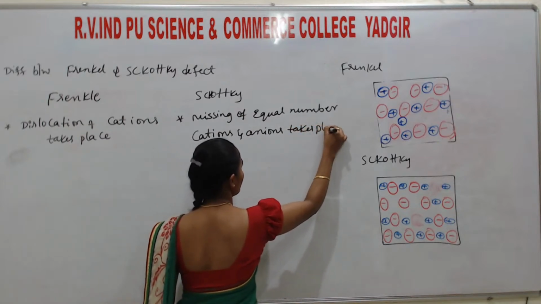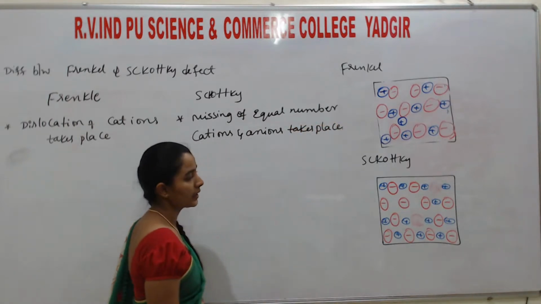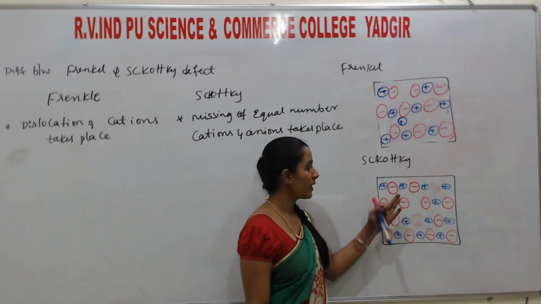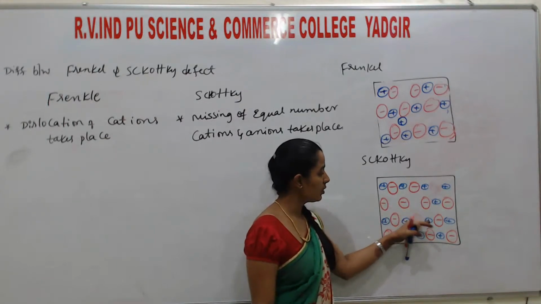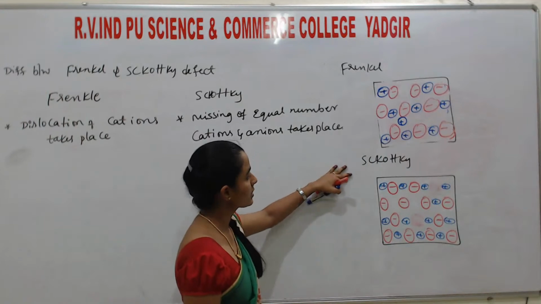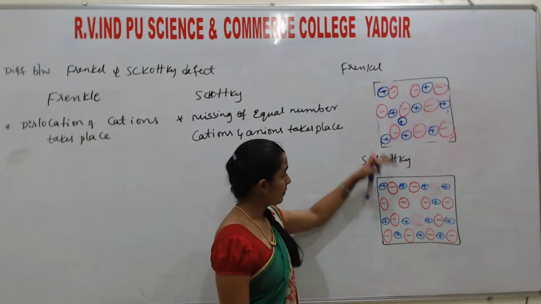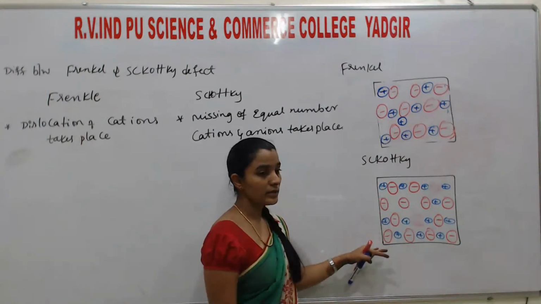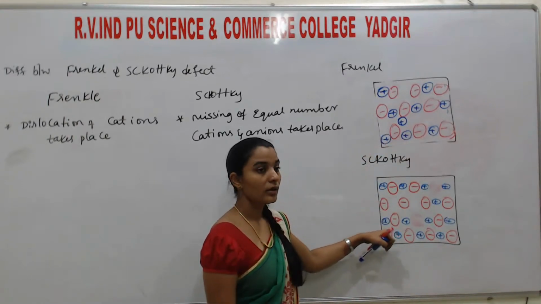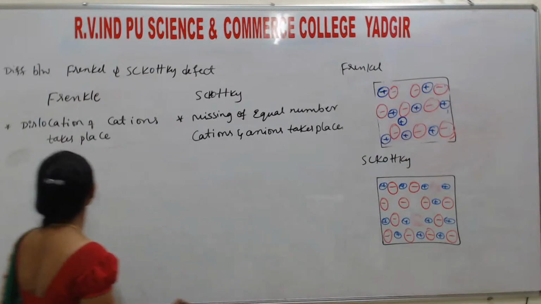The reason for missing equal numbers of cations and anions is to maintain electrical neutrality. If plus charge is more, then also it affects. If minus charge is more, then also it affects. So to maintain electrical neutrality, equal numbers of cations and anions go missing. Here only displacement, here missing.